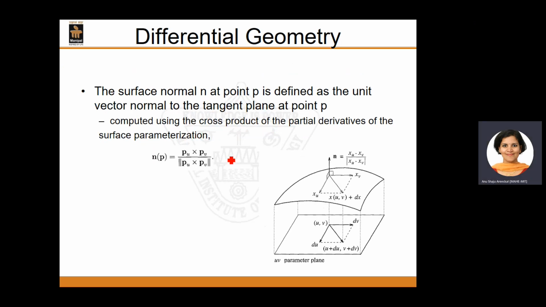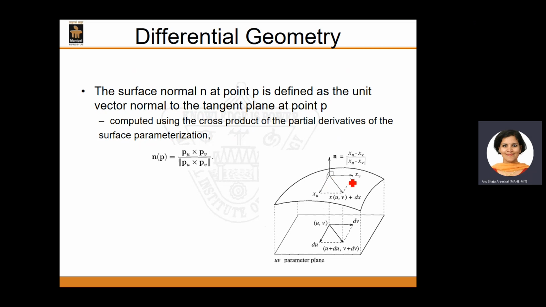In order to find the surface normal, it is defined as the unit vector which is normal to the tangent plane at the point. Let's say I have a point over here, along which I have tangent vectors given by Pu and Pv. This surface normal is normal to the tangent plane, the plane which is tangent to that particular point.